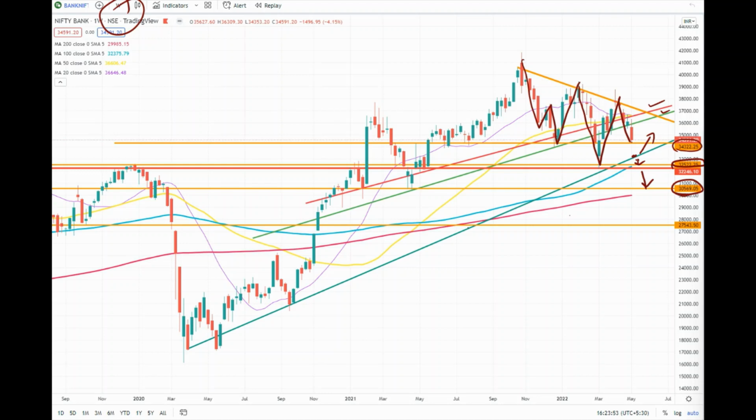For tomorrow's view and the exact levels, let us first look at the daily time frame and then move to a shorter time frame chart.